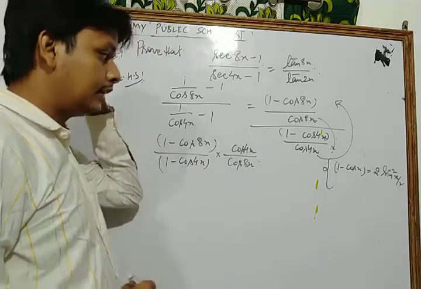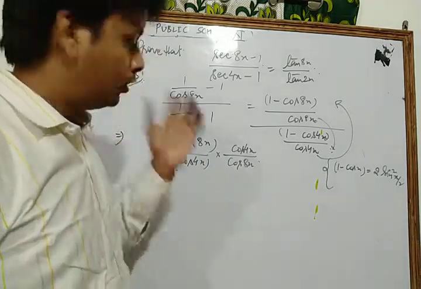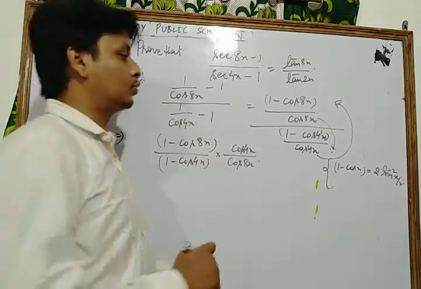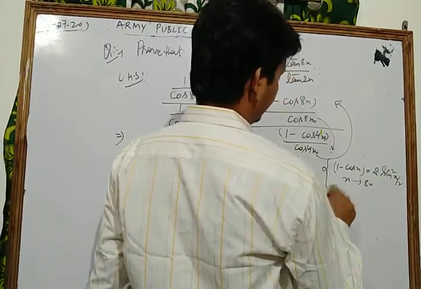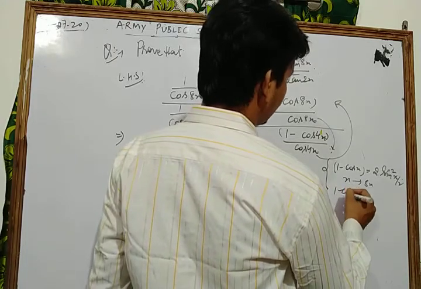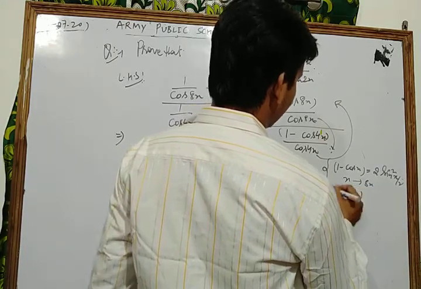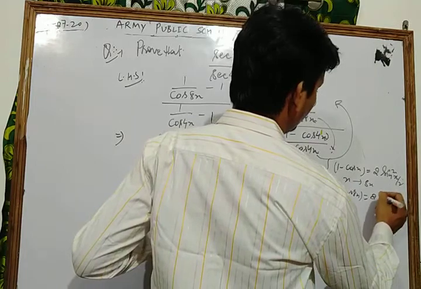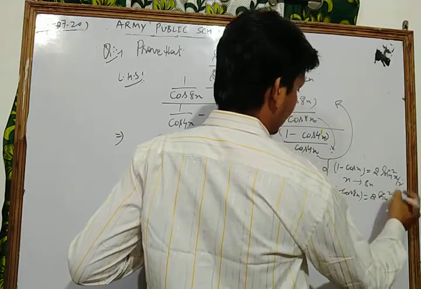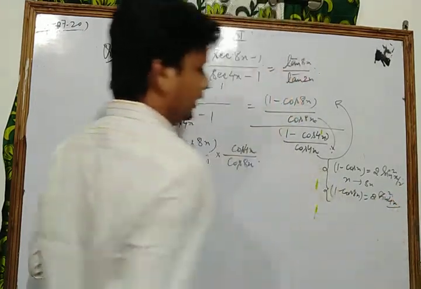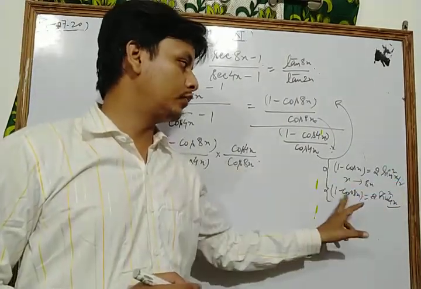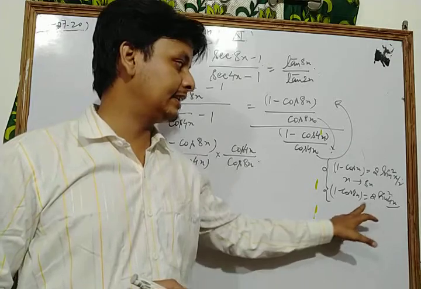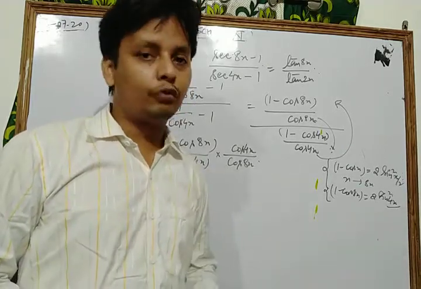So here this is 8x, so we replace x by 8x, and we get 1 minus cos 8x as 2 sin square 4x.